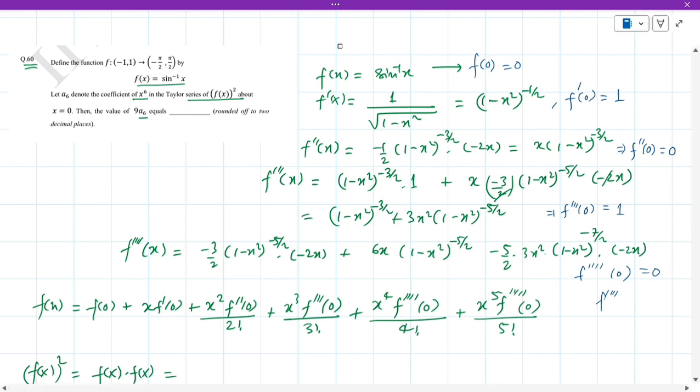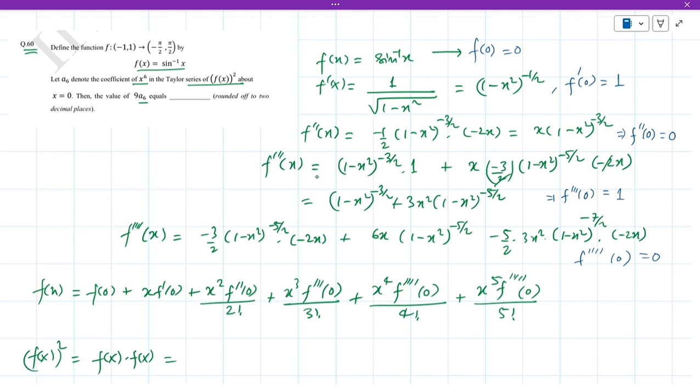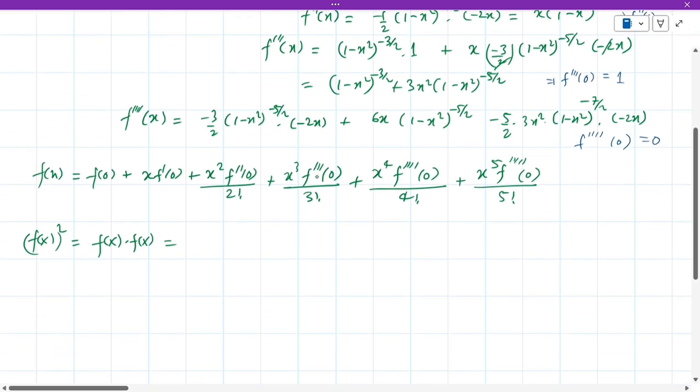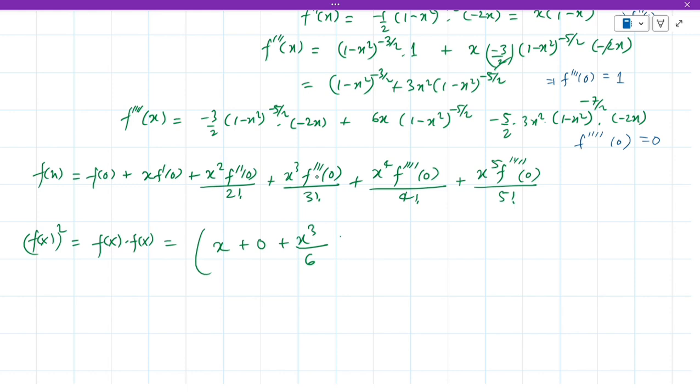Now let's come to the point. We have the expansion of f(x) as f(0) was 0, so it will be x plus 0 plus x cube divided by 6. And x to the power 5 we didn't find, so you can find it, it will be 3 by 40 x to the power 5. If you calculate, it will come out like this only, right?